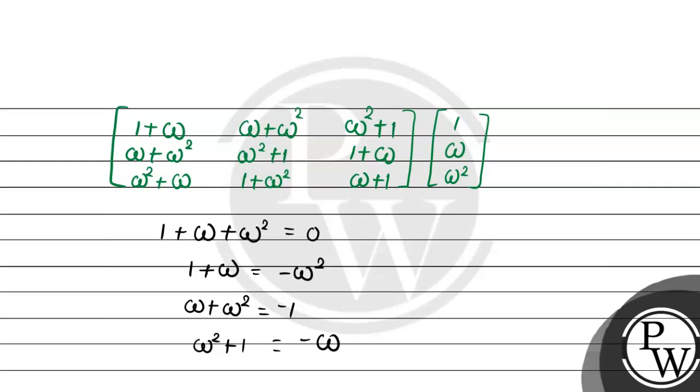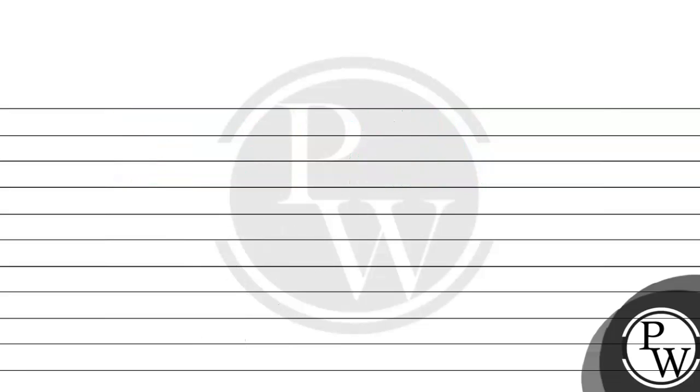So can I substitute these values into the main expression where 1 plus omega plus omega square and omega square plus 1 is there. So substituting the values, we will get in the square matrix minus omega square, minus 1, minus omega, minus 1, minus omega, minus omega square, minus 1, minus omega square.